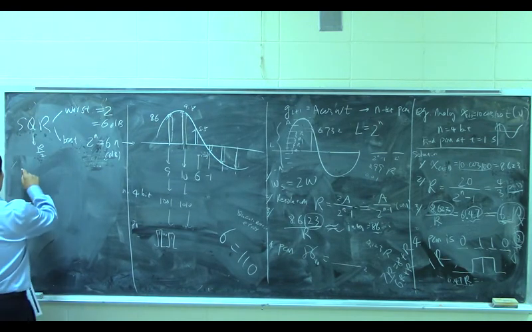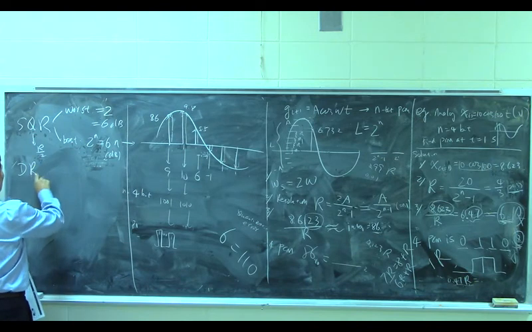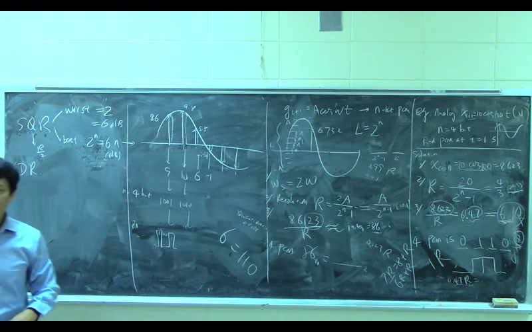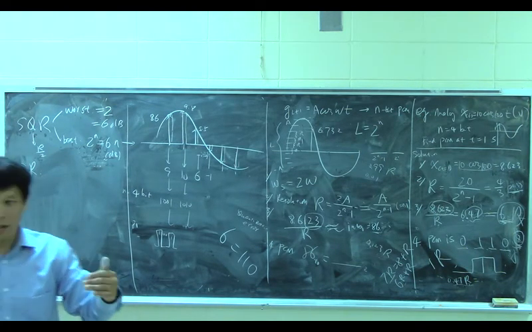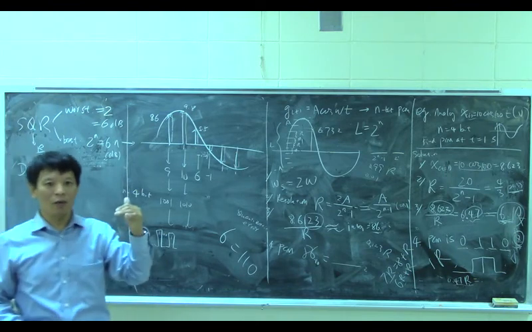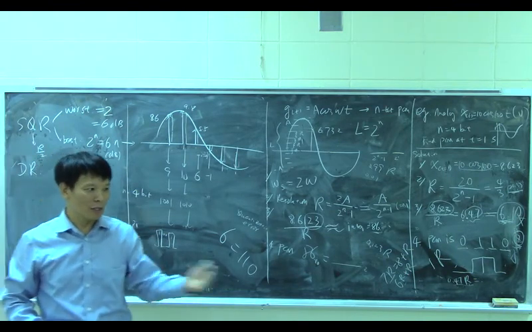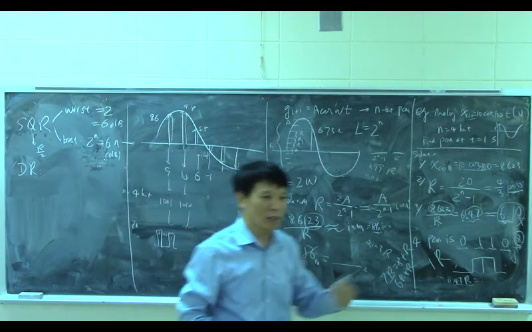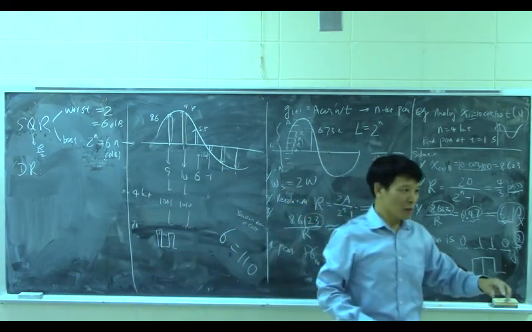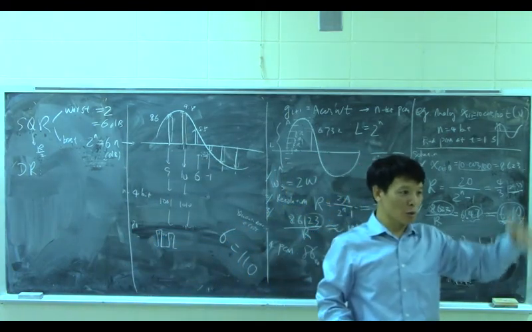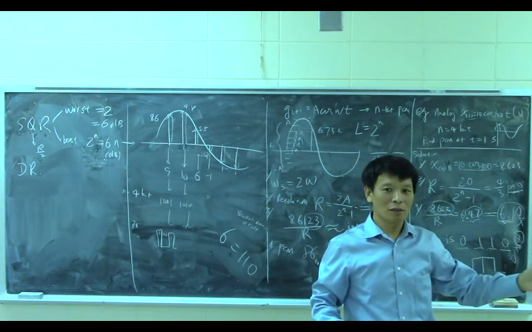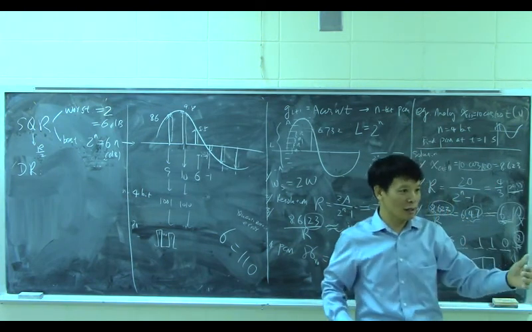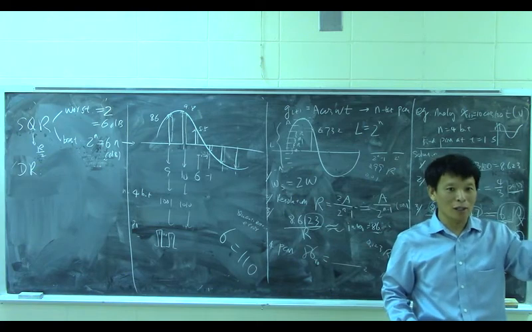The next concept is called dynamic range. The dynamic range is the ratio of the maximum signal divided by the minimum signal. For example, if you have an analog audio system at home, you can increase the volume until there is a distortion, right? At that time you stop.